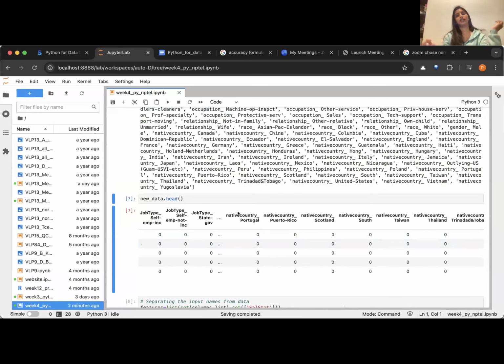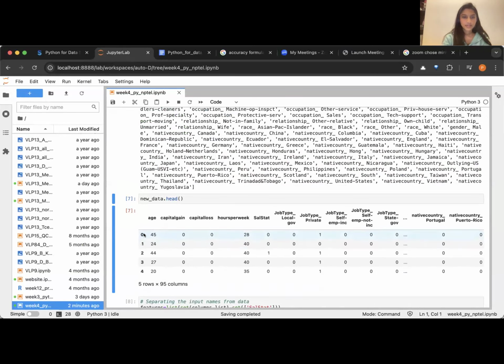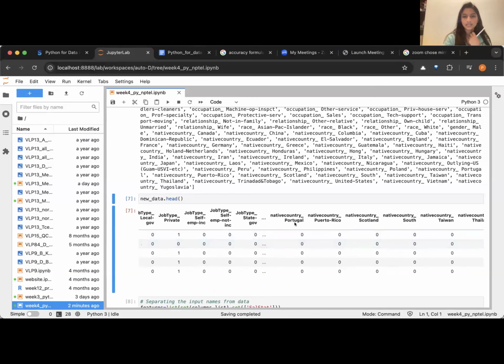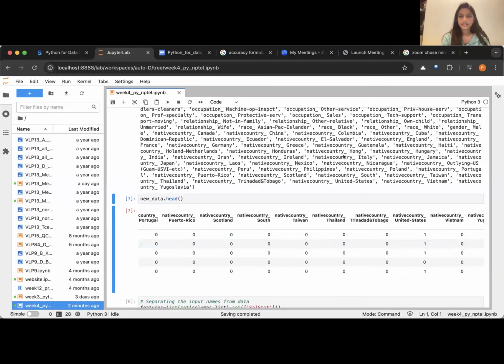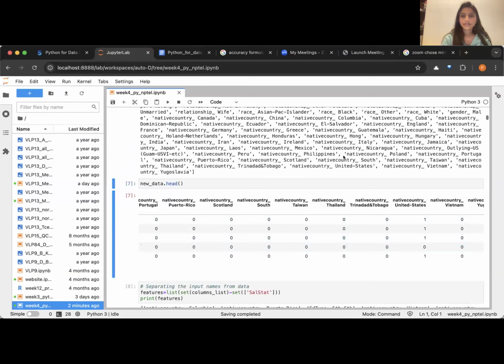But since the machine can't read it, we split these columns, making separate native country underscore country A, country B, country C columns. If the person belongs to Portugal, this column is encoded 1, otherwise it's 0. That's how every variable is being encoded here.